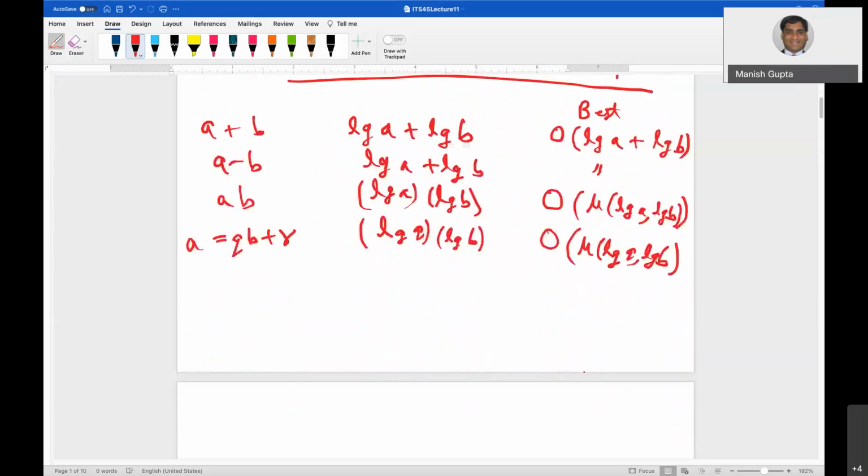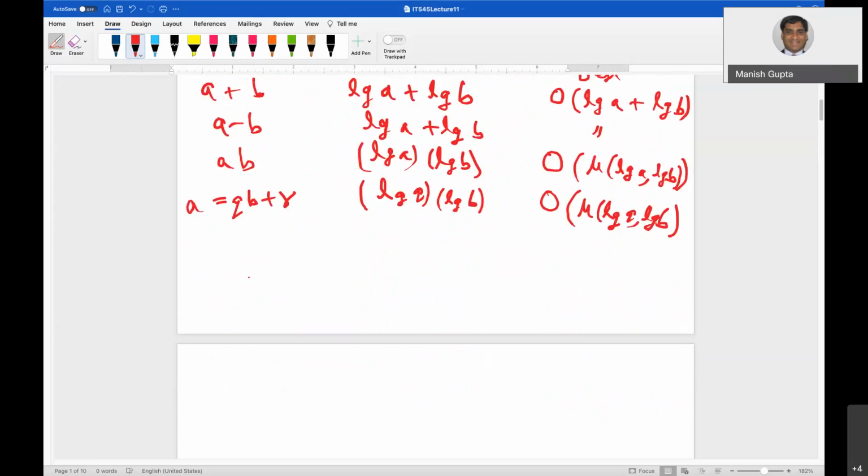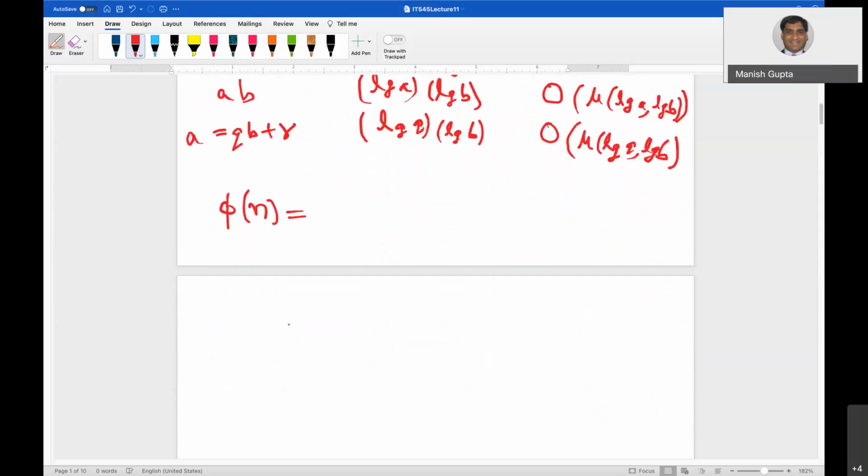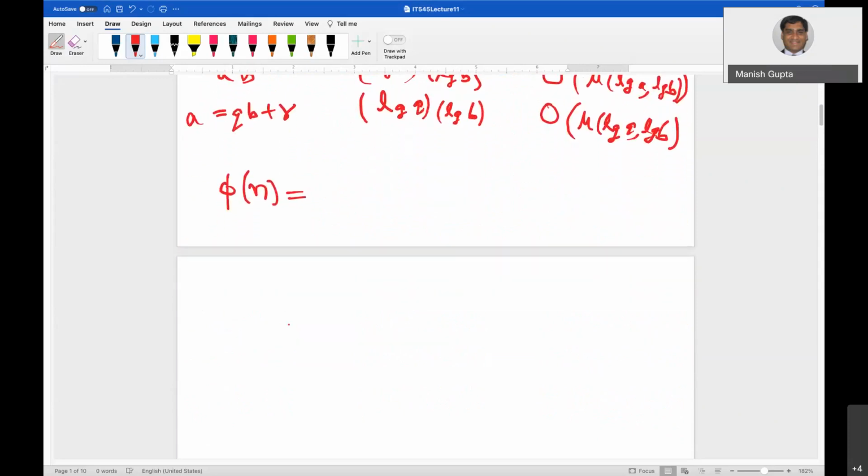Last time we discussed the Euler totient function phi of n, if you remember: the count of all numbers less than n which are coprime to n. We have shown that if p is a prime, then phi of p is p minus 1, if you recall from the previous class.